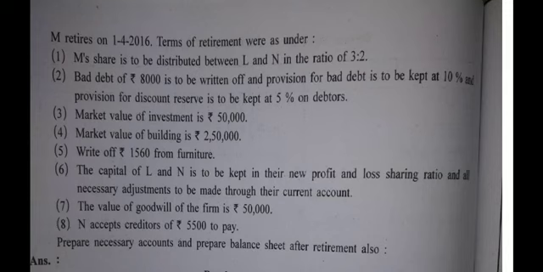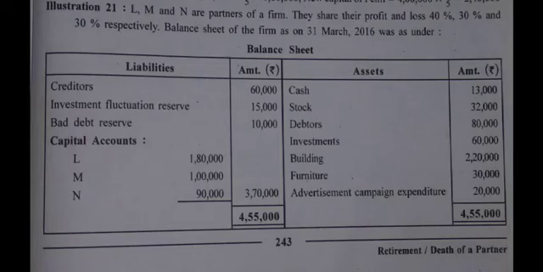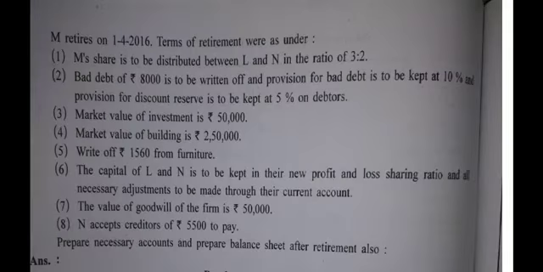So the old ratio is 4:3:3. I repeat, the old ratio is 4:3:3. How is it given here? 40%, 30% and 30%.